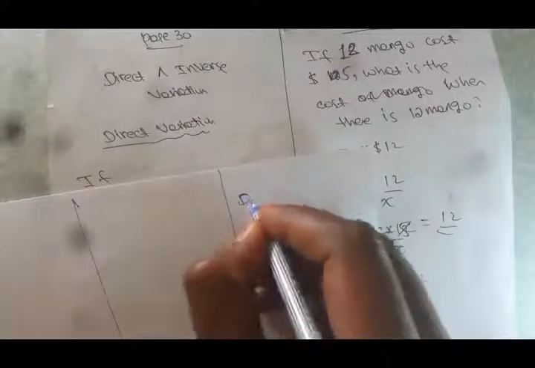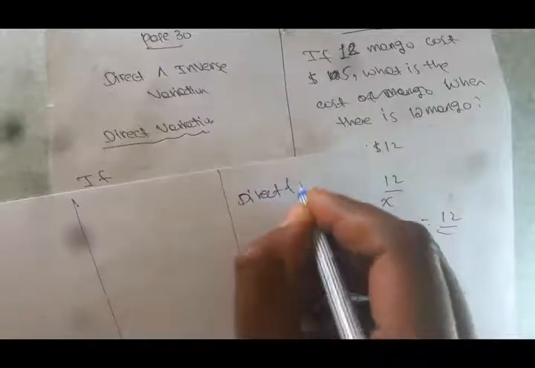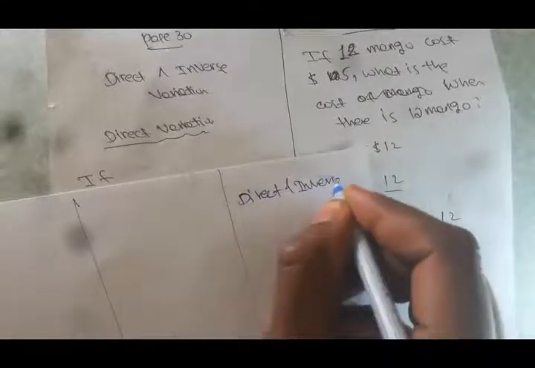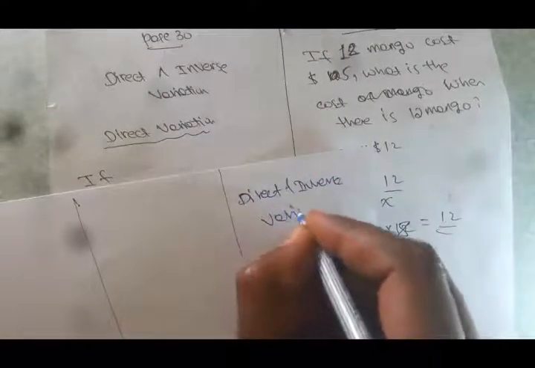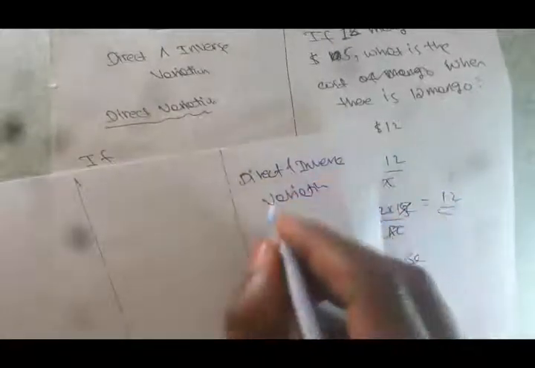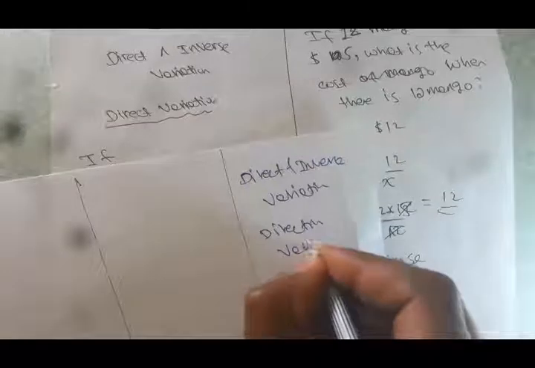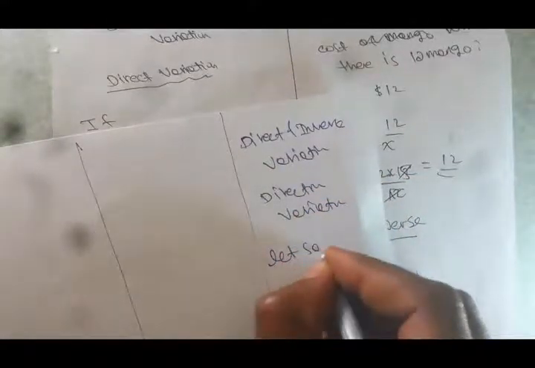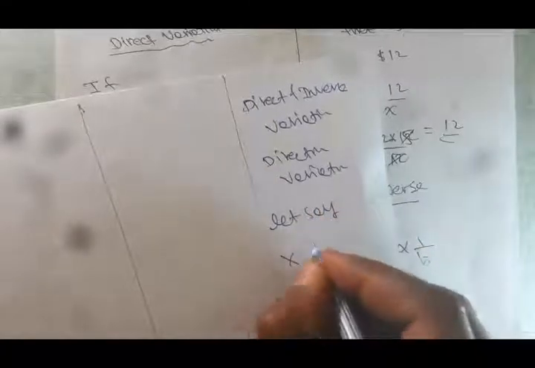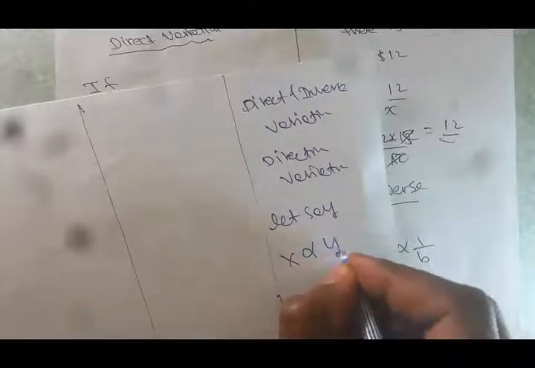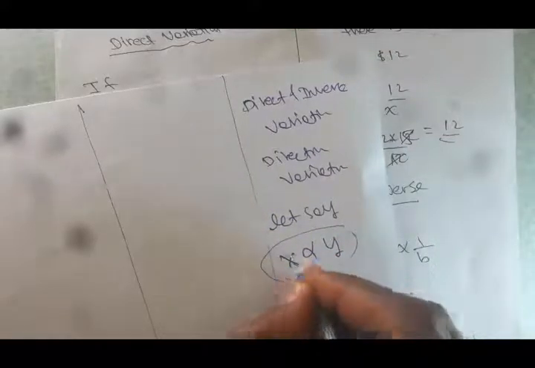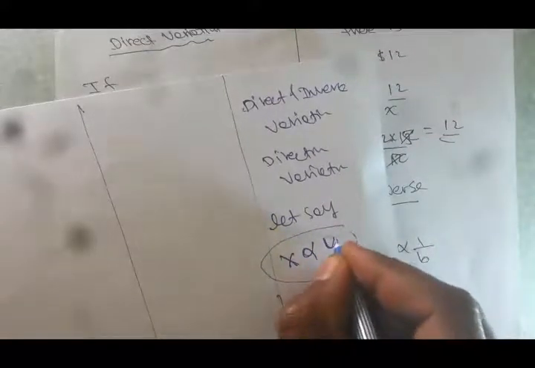And now we are going to talk about direct and inverse variation. First we will start with direct variation. Let's say x is directly proportional to y. Mathematically it is written as x is directly proportional to y.